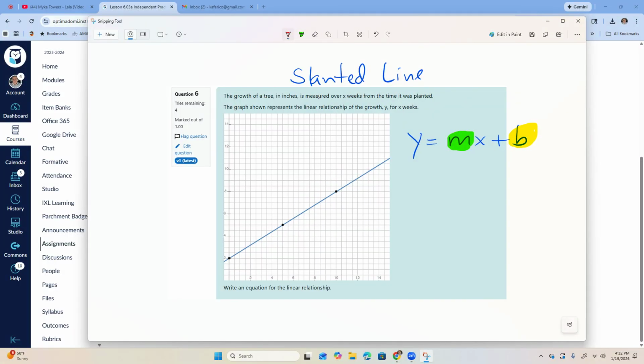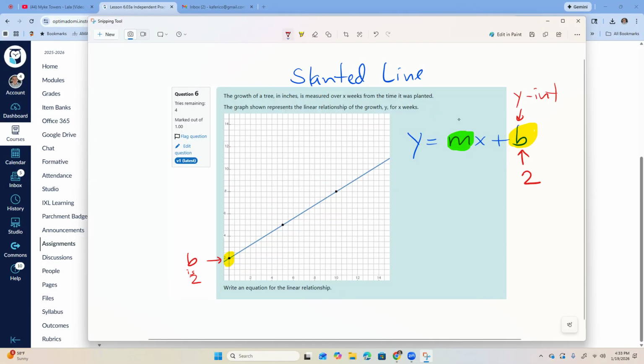Who's b? B is the y-intercept. And what is the y-intercept? That's where the line touches the y-axis. So you can see here, that's b. Okay, so b is 2. All right, so I'm going to replace the b with 2.